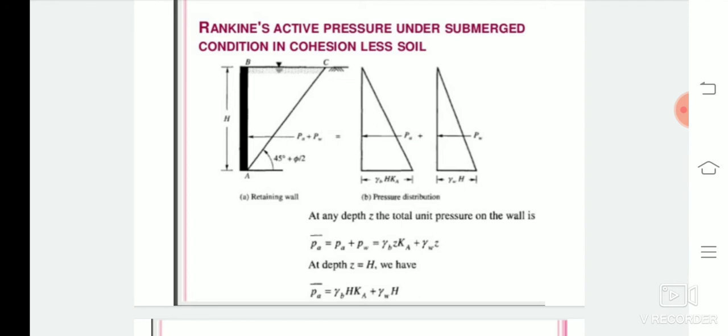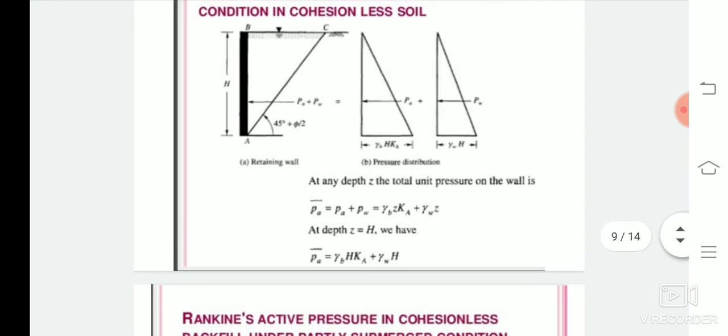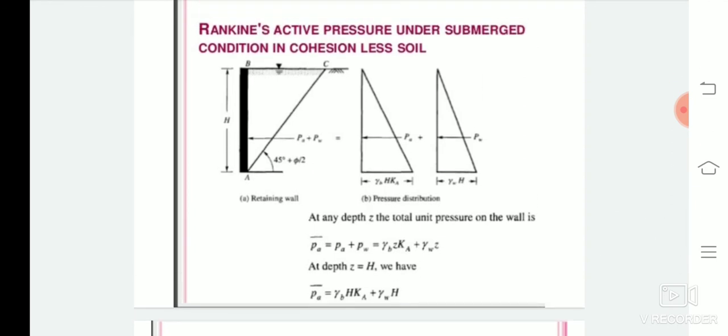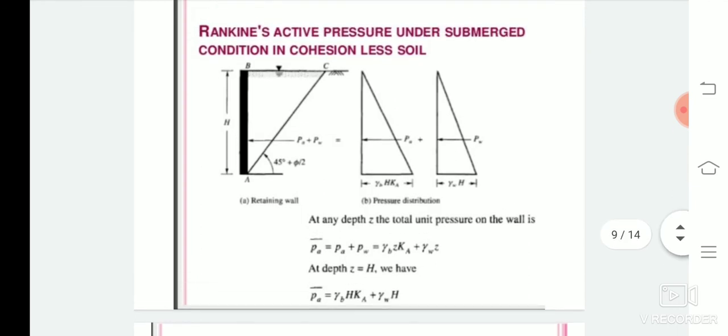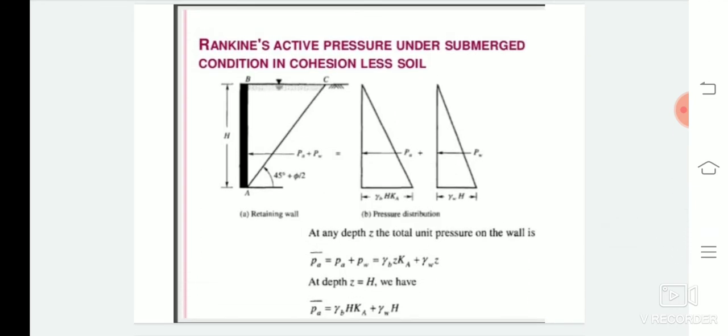Hence the intensity of the active earth pressure is given by P equals Pa plus Pw, where Pa is given by Ka gamma dash z, plus Pw is given by gamma w z. And if z equals capital H, then this pressure is given by gamma dash H Ka plus gamma w H. This is the total active earth pressure acting at the bottom of a retaining wall in case of submerged soil.